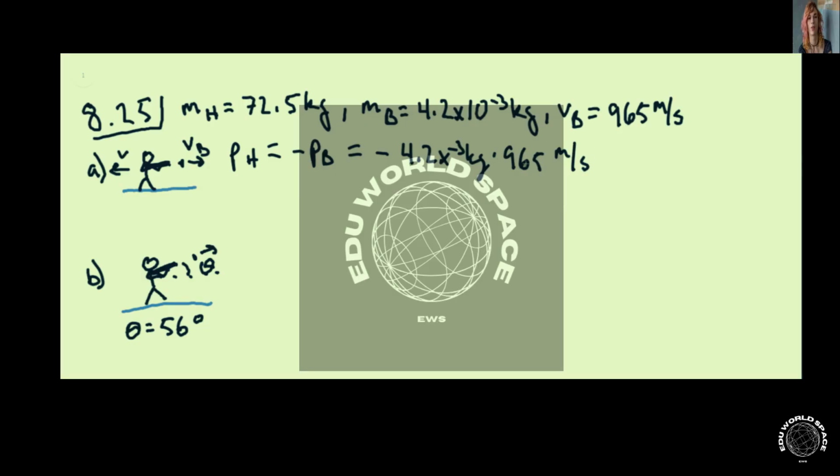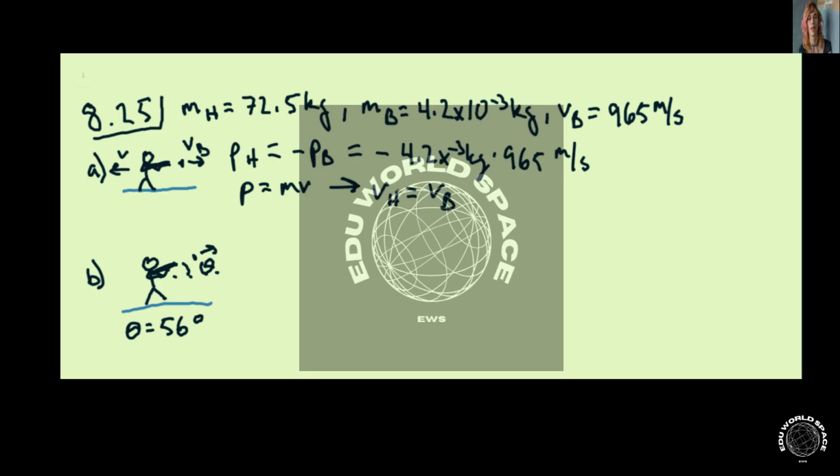So you can compute that, or do what I should have done in the first place, which is actually solve this for the hunter's velocity to begin with. So excuse that, please.